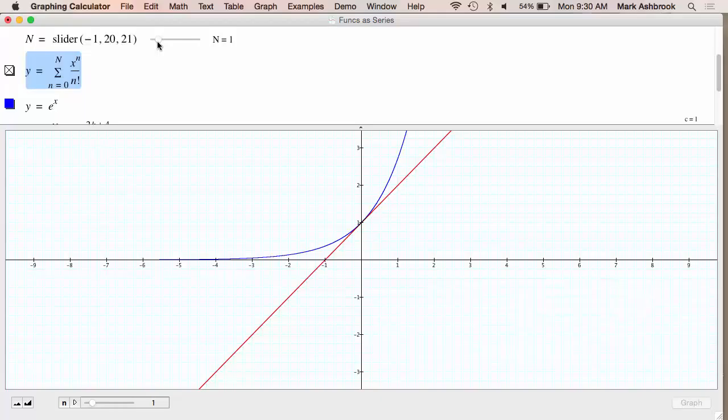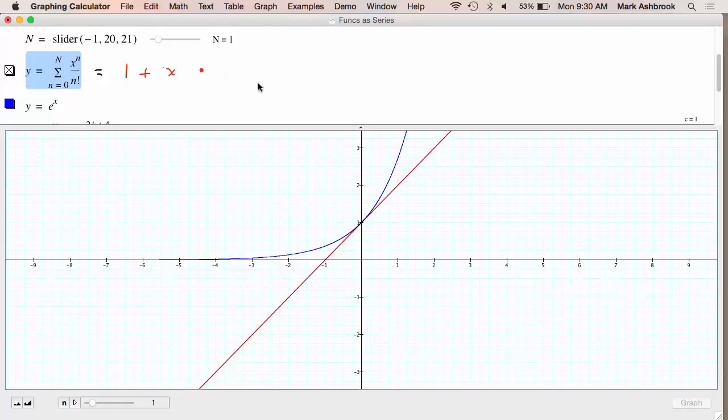This is 1 plus x, as an approximation to e to the x, which I should be drawing in red here. The first two terms of the Maclaurin series for e to the x, okay?